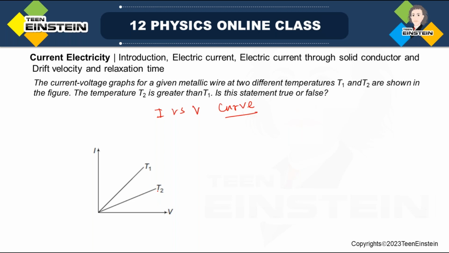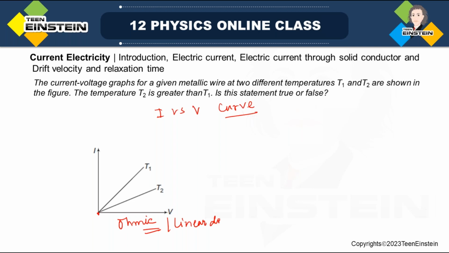As you see, the curve is going through the origin. That is very nice. So this is for an ohmic conductor, ohmic material, or ohmic, linear devices.